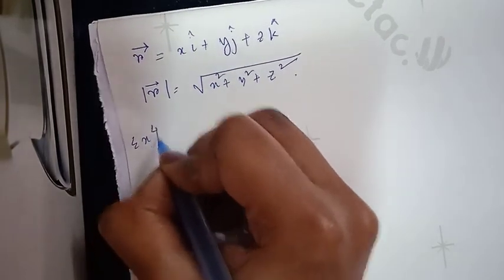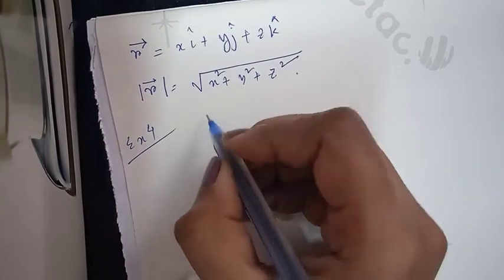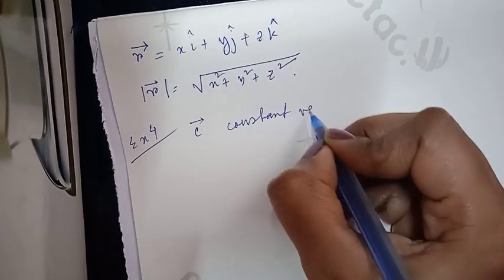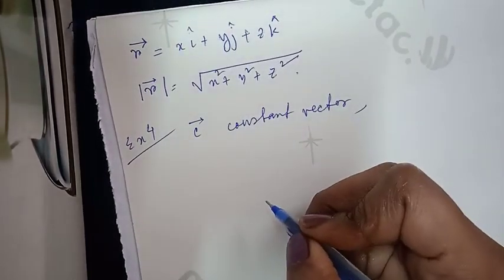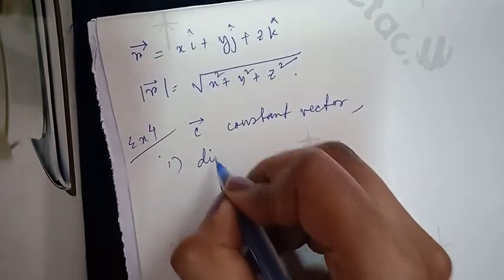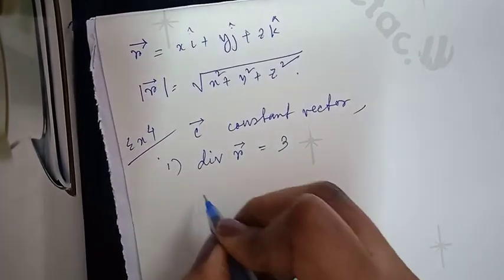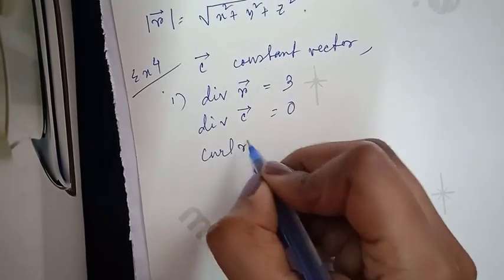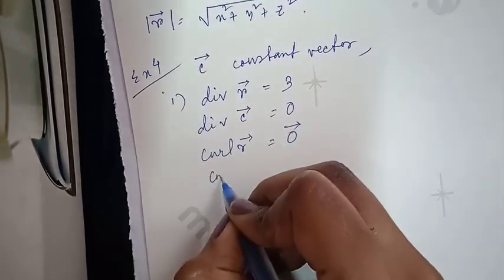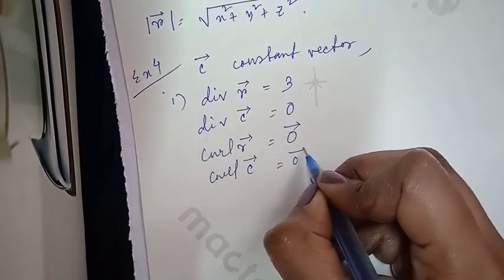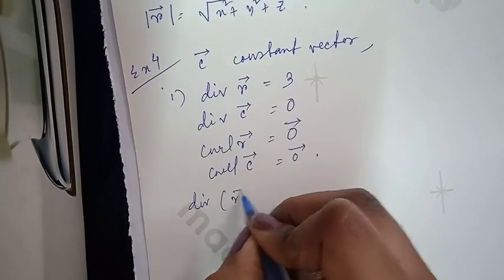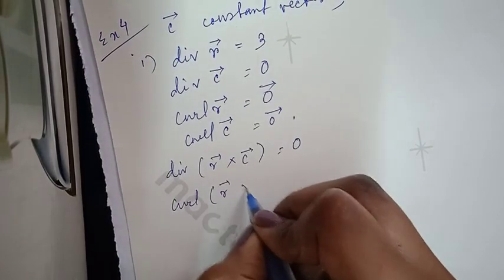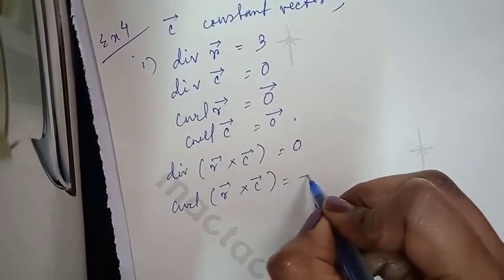Then let's solve one example. Example 4, that is, given R be any vector and C be any constant vector, then prove that number 1, divergence of R will be 3, divergence of C will be 0, curl of R will be 0 vector obviously, curl of C will be 0 vector, divergence of R cross C will be 0, but curl of R cross C will be minus 2C.